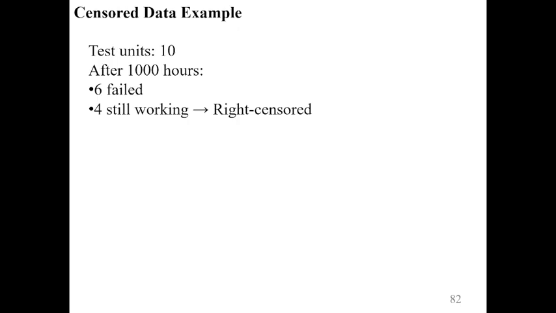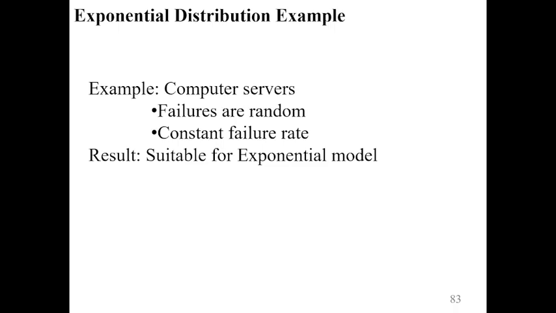In real-world testing, it is often not feasible to wait until all units fail. So censored data must be properly included in the analysis. Ignoring such data can lead to inaccurate reliability estimation.